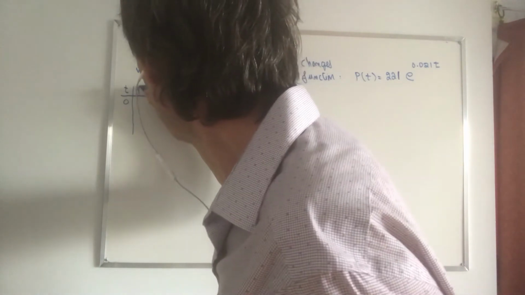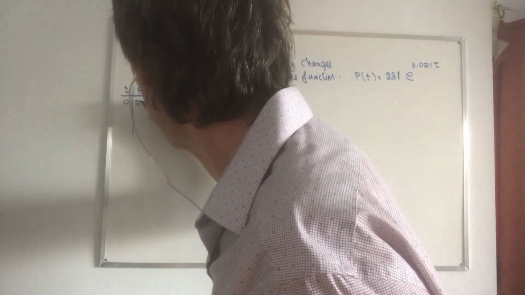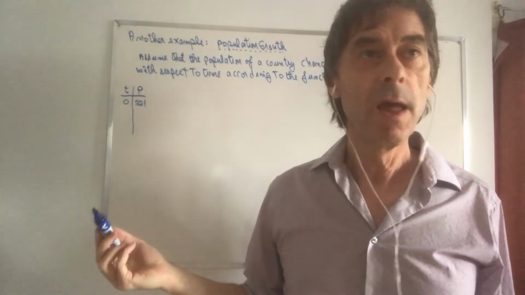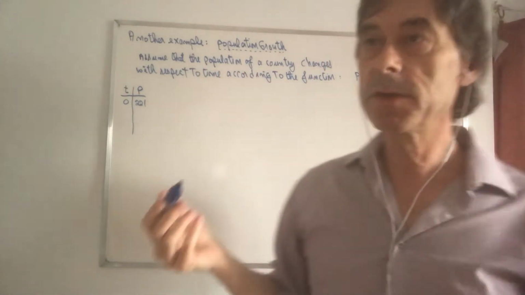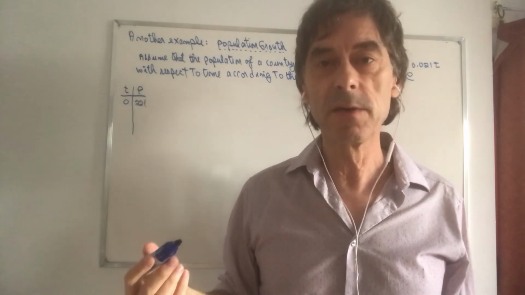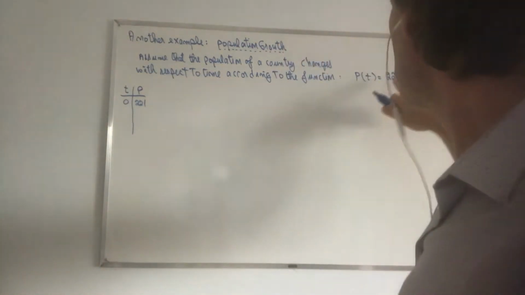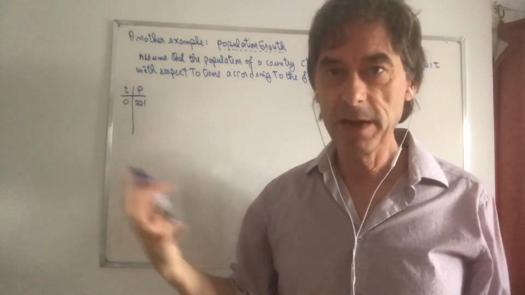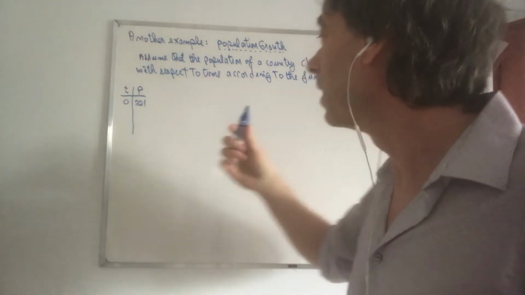That's my initial population at time 0. Time 0 can be anything you want. Now, the numbers in here are actually taken from the year 2020. That's why I put a 20 here instead of a 21. So these are recent numbers. This is like COVID year 2020.